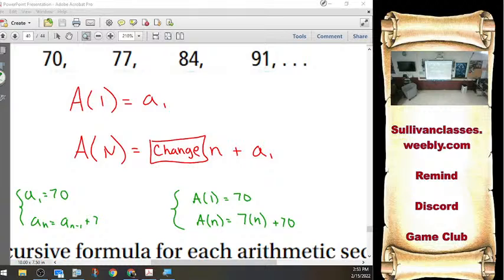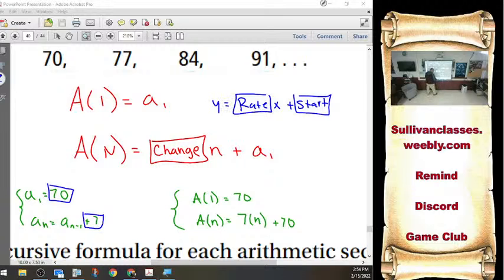Which one makes more sense to you? The one on the left is the official one, and all I change every time is this and this. This is set up almost like that rate x plus start, where you're going to change this, this, and this every time. Which one makes more sense?